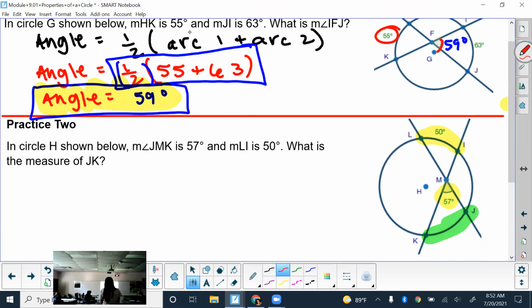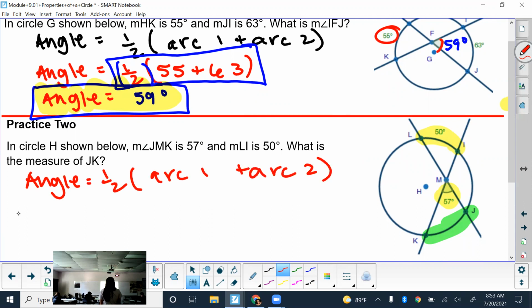So you can use the same formula. This time we're just solving for something different, which means we have to do a little more algebra. All right, so what's the angle measure? 53.5. So the angle that they gave us is actually 57. Good. So 57 right here is what goes for angle.